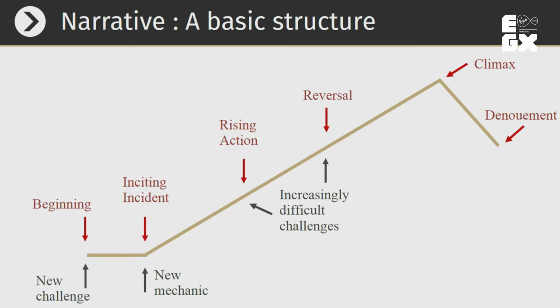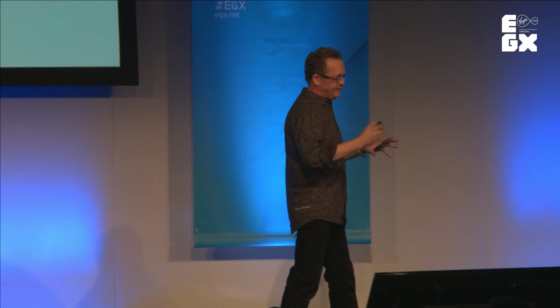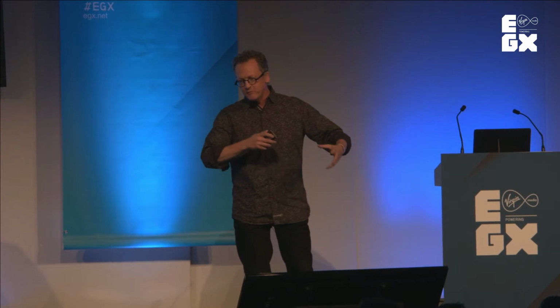So now you use this new mechanic in increasingly difficult challenges and situations to the point where you get to the boss fight. And then at the end, you get the cut scene, the loot drop, the loading scene, whatever. And these two structures map together in a very serendipitous way. And I think that's one of the reasons that video games have been such a natural fit for narrative, and people sort of have this almost involuntary tendency to map narrative onto the structure.